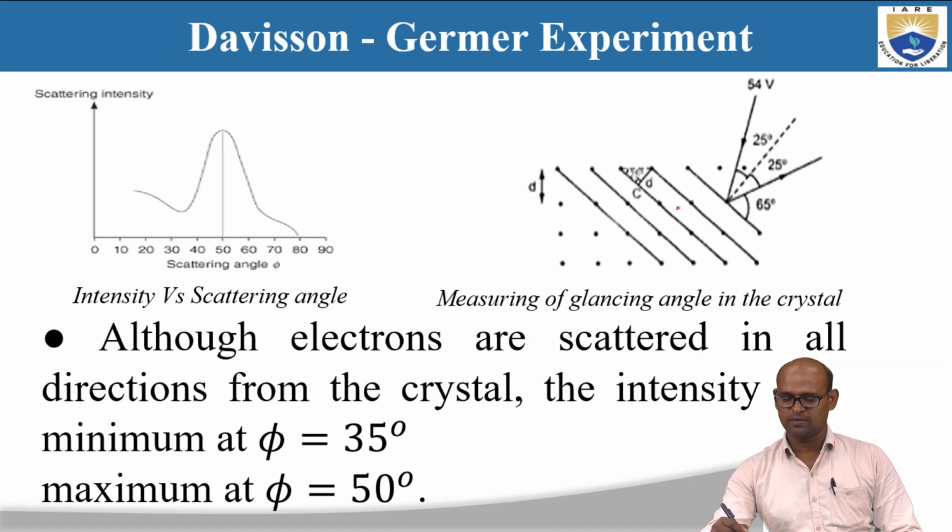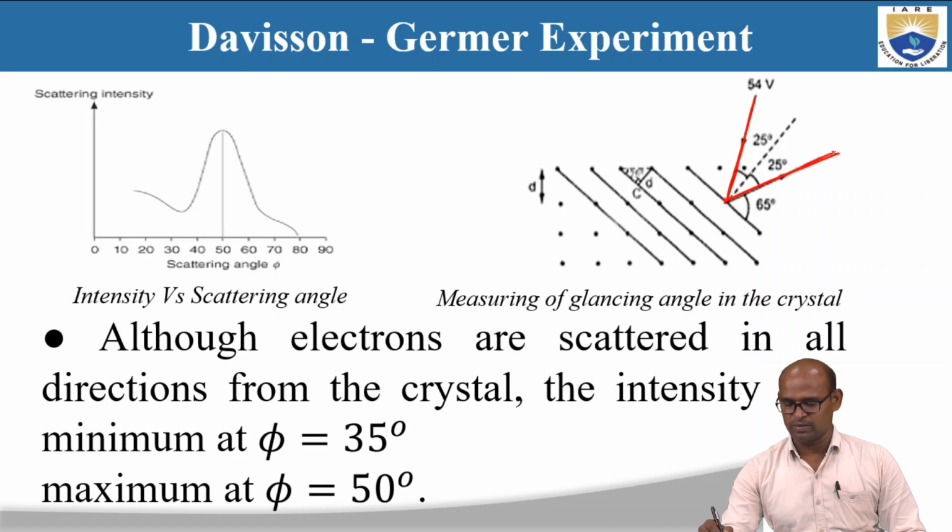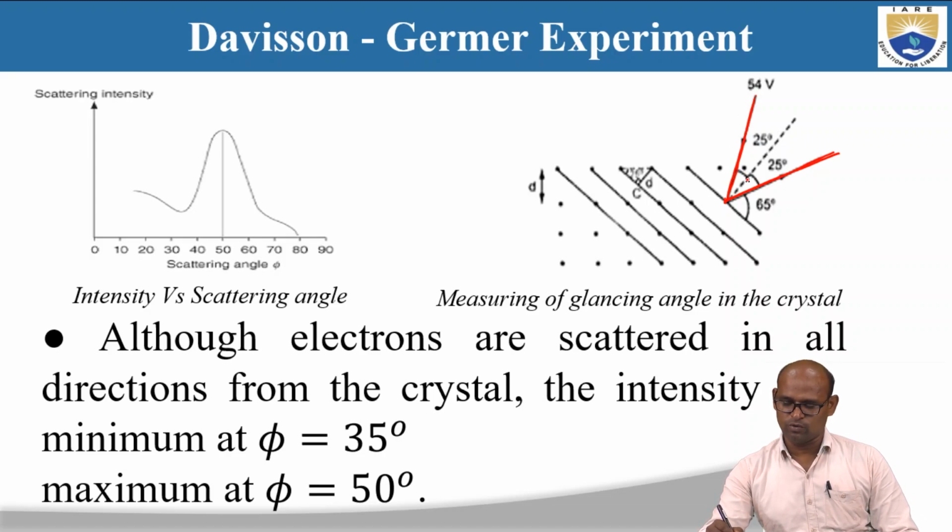Using this crystal, you can see that this is where you have 54 volts. This is the angle of incidence, and if you treat the electron as a wave, it is getting diffracted. This is the incident beam and the scattered beam. The maximum you are getting is at 54 volts, and the maximum scattering angle is 50 degrees.